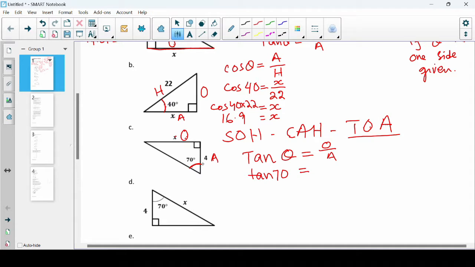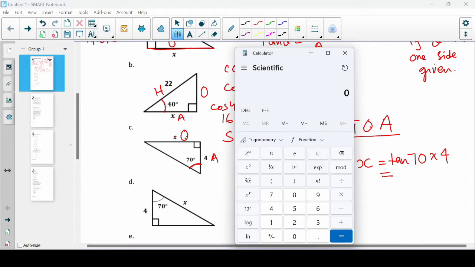So we have to use tangent theta is equal to opposite over adjacent, and tangent 70 is equal to opposite, in this case x, over adjacent, which is 4. So in the same way, when we take it to the other side, x is equal to tangent 70 times 4, and this should give us the answer.